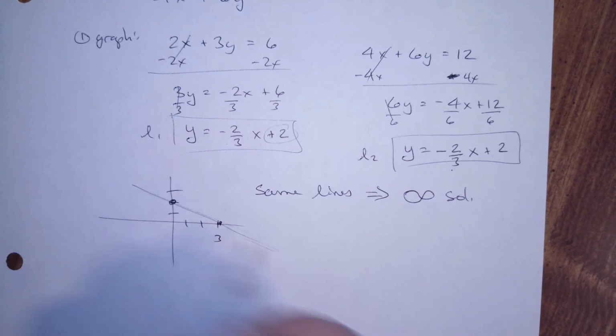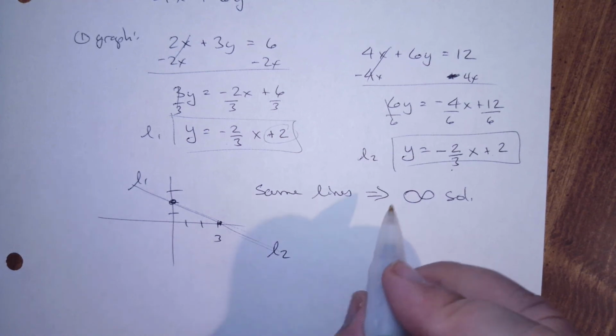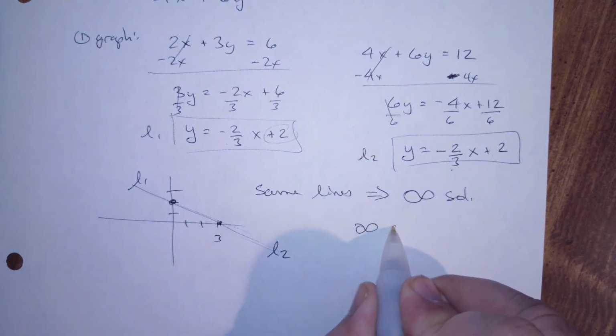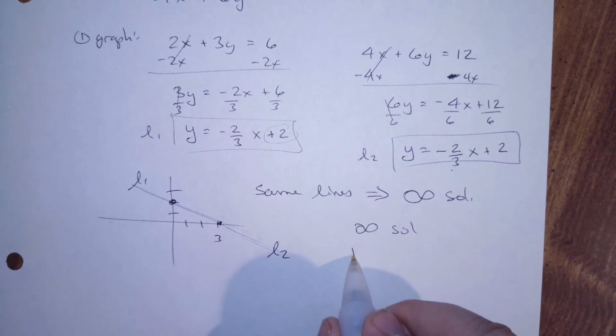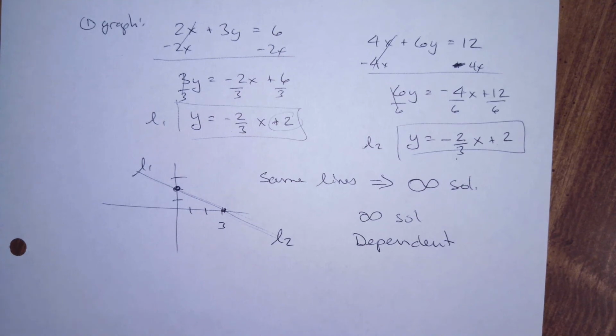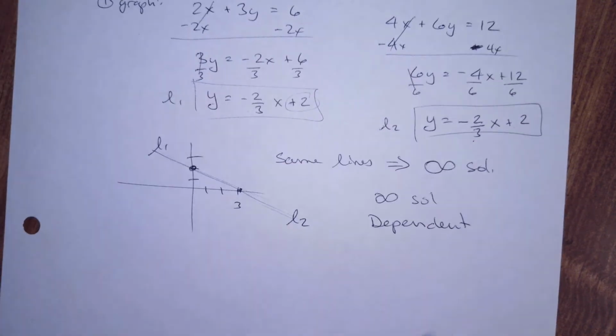And there's line 1 and line 2. Since there are an infinite number of solutions, we call those dependent equations. They're the same line.